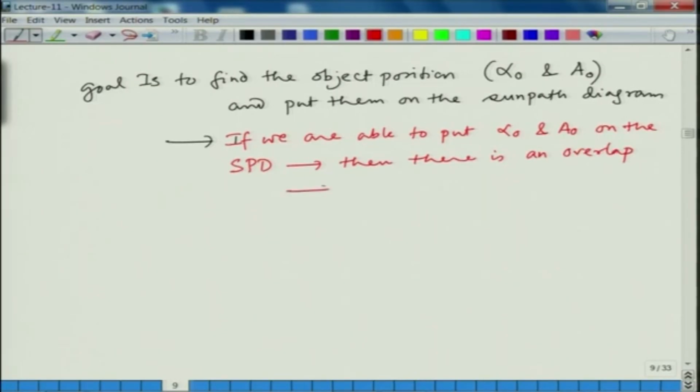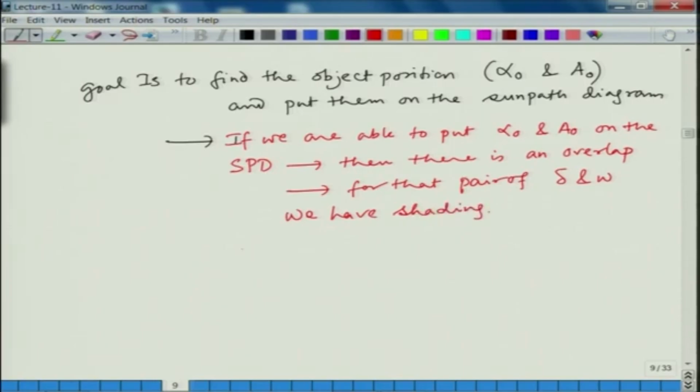Okay. That means for that pair of delta and omega, we have shading.